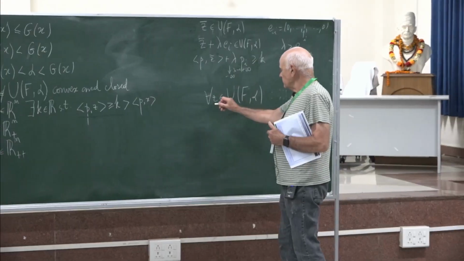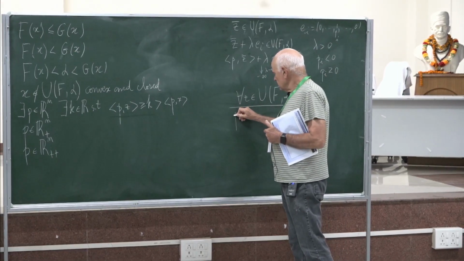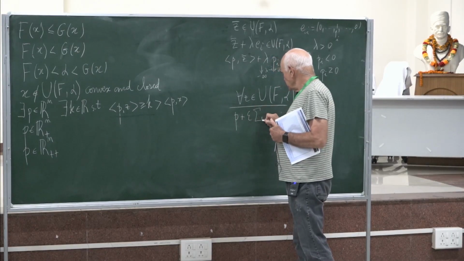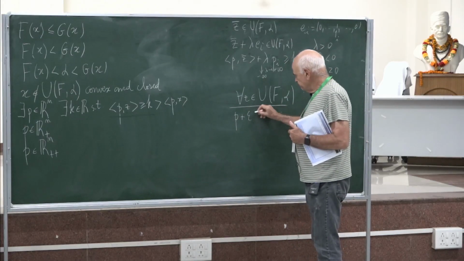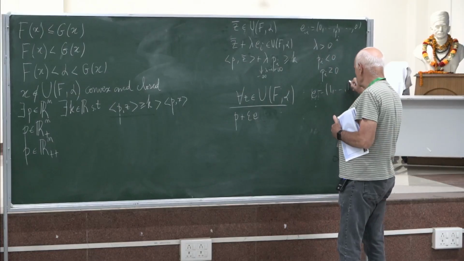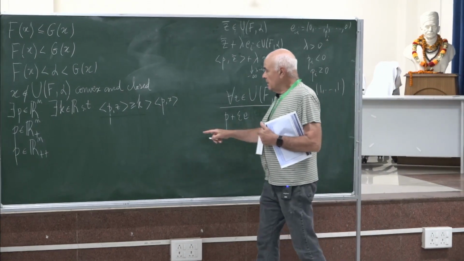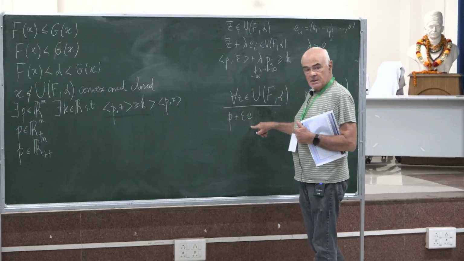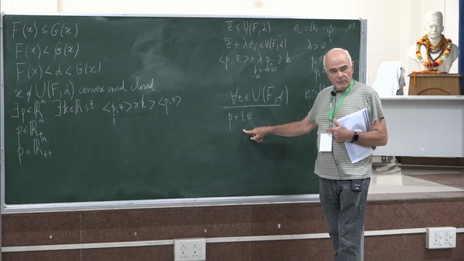So, I consider P plus epsilon E, the all one vector, E, the sum of the EI's. So E is 1, 1, 1. Then, if P does this job, this does this job too, as long as epsilon is small enough.